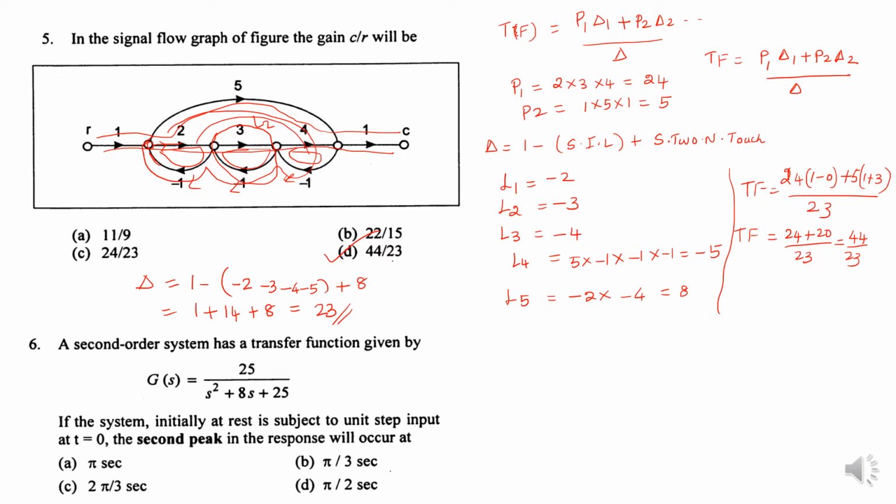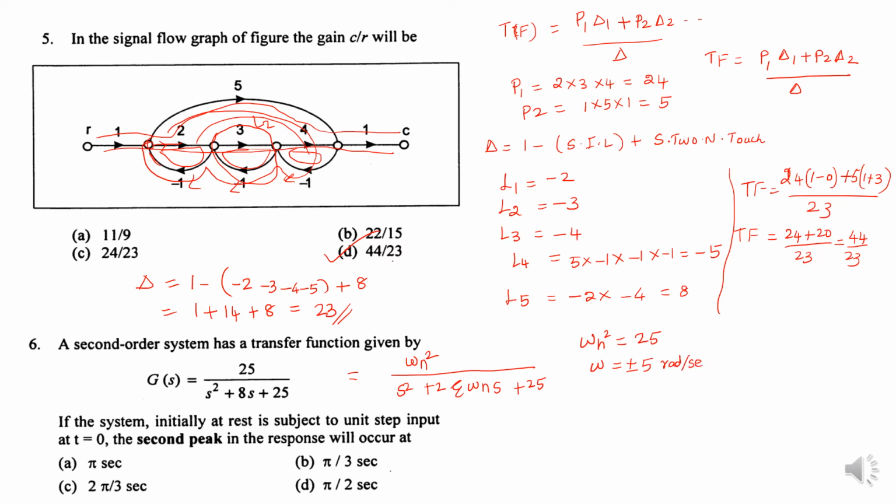First of all, I am going to equate the transfer function with the general second order transfer function. The general second order transfer function is omega n square divided by s square plus 2 zeta omega n s plus omega n square. So compare both the equations. So omega n square equals 25, omega n is plus or minus 5 radians per second.